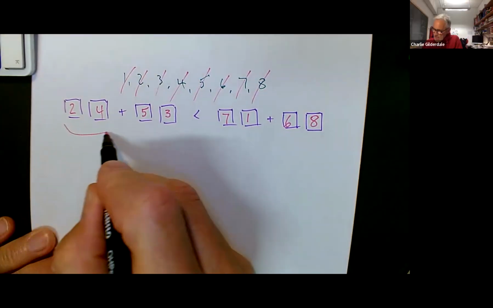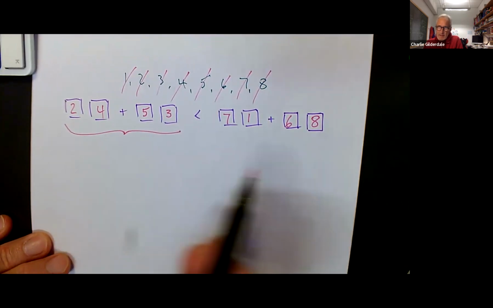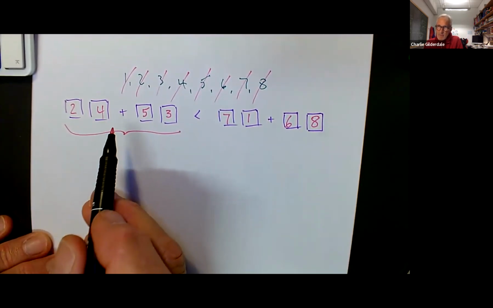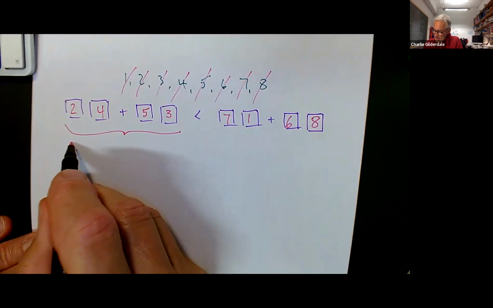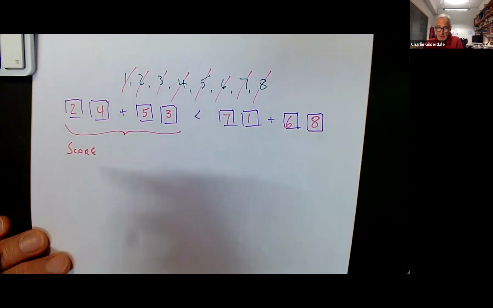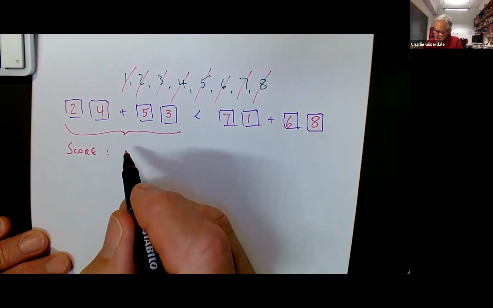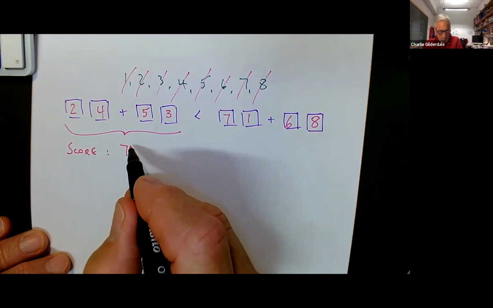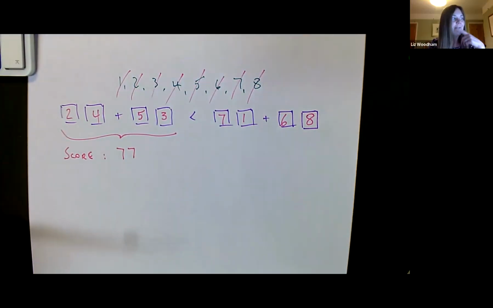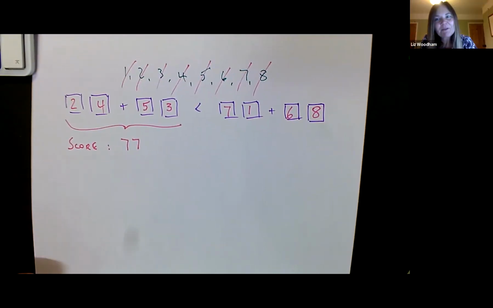Just like last time, I wanted the left to be smaller than the right, but actually I want the left to be as large as possible. And I think, again, participants in this webinar are going to be able to do better than me. I think I've only got 77 points. I agree. I'm not sure people are going to be able to double my score, but they might get quite close to doubling my score. That's a bit of a clue, Charlie.